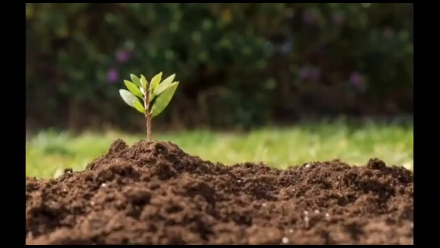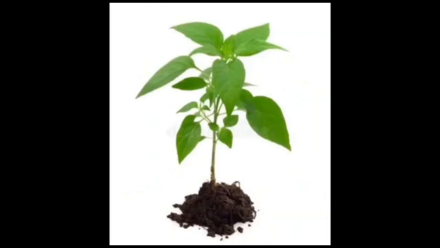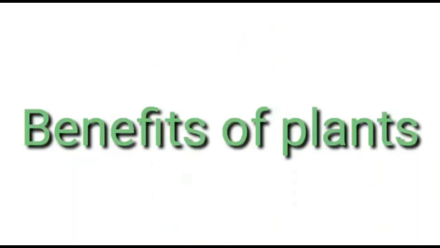Our last topic in the lesson is about plant sapling. A young plant with a thin stem is known as a sapling. Survival of living things is impossible without plants. Planting and taking care of plants lead to a good environment. Now, let us see the benefits of plants.